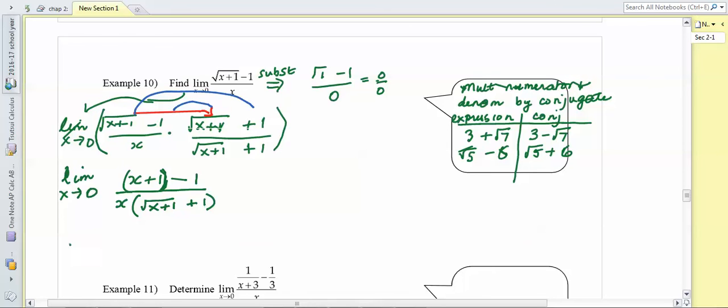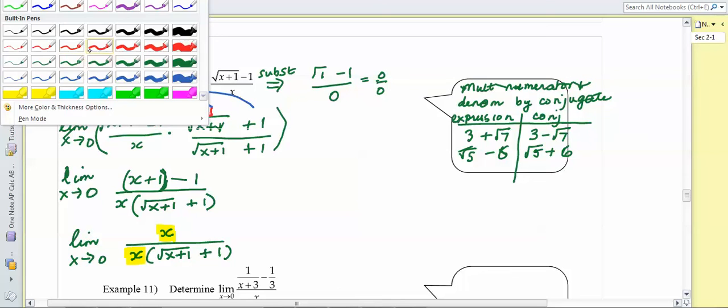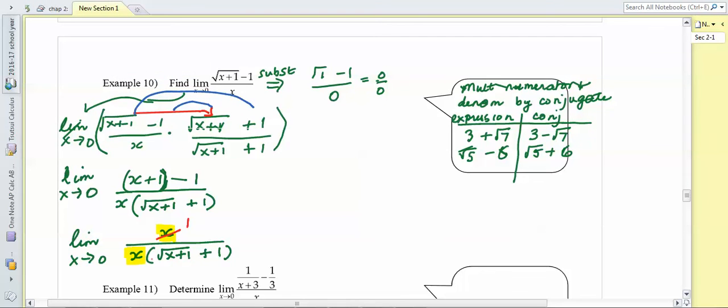Now, when we simplify this, we get what? The numerator is x plus 1 minus 1, that's just x. The denominator, remember, we're going to keep that, don't bother to distribute. And we find, whoop-de-doo, that we have a common factor in the numerator and denominator that we can cancel. So let's do that. x into x goes once, numerator and denominator.